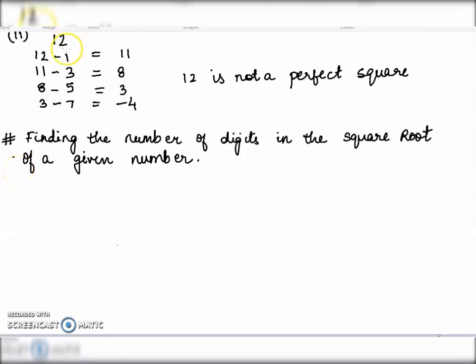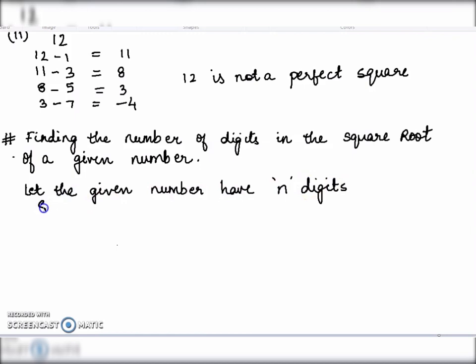So for finding the number of digits in the square root of a given number, let us assume that the given number has got n digits. So the square root of that number will have n by 2 digits.